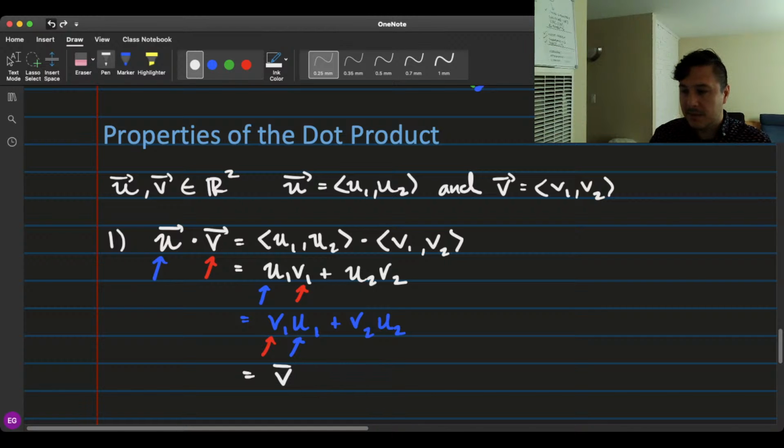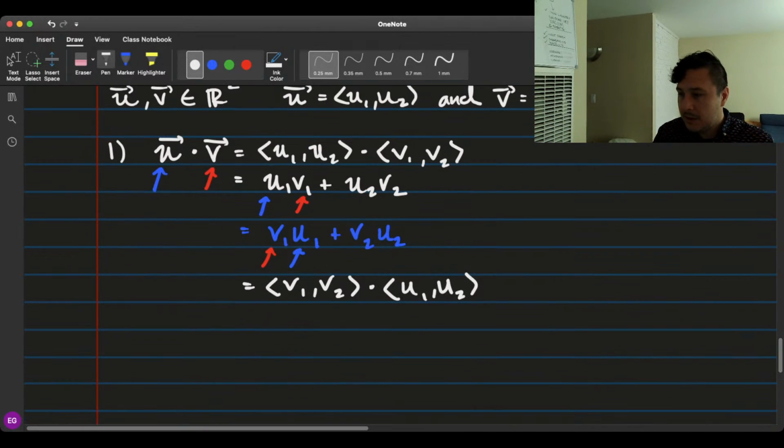How would you see this? Let's write one more step, because this would be v1, v2 dotted with u1, u2. Hopefully you can see how multiplying those two together would give you that right up there, which is the same thing as v dotted with u.